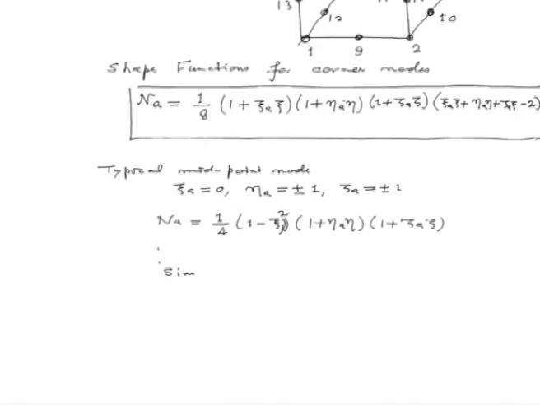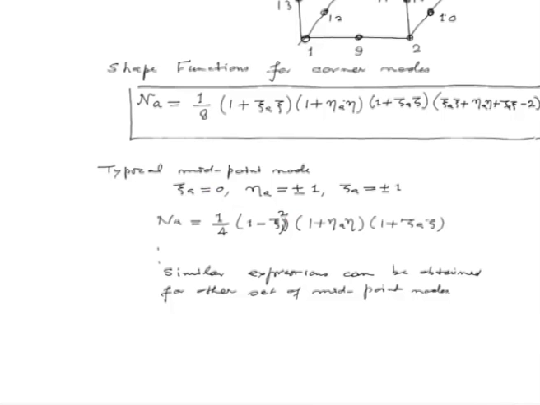So, similar expressions can be obtained for the other sets of midpoint nodes. What we have done is just identify one set for which xi_a is set to 0.